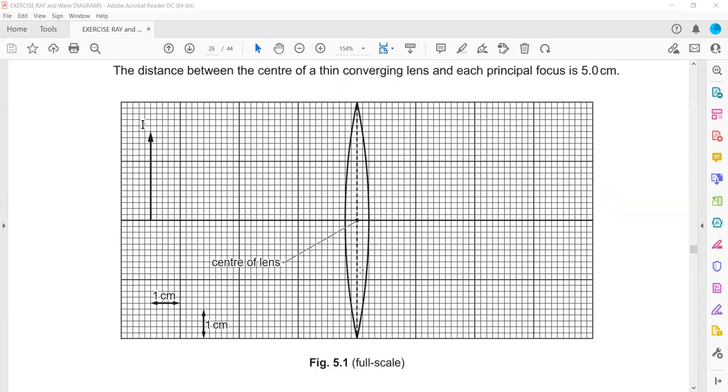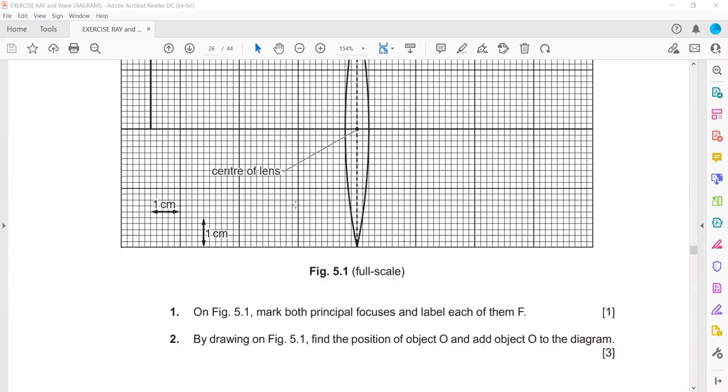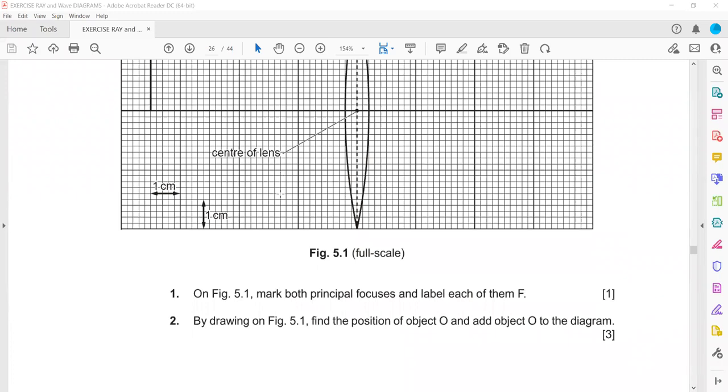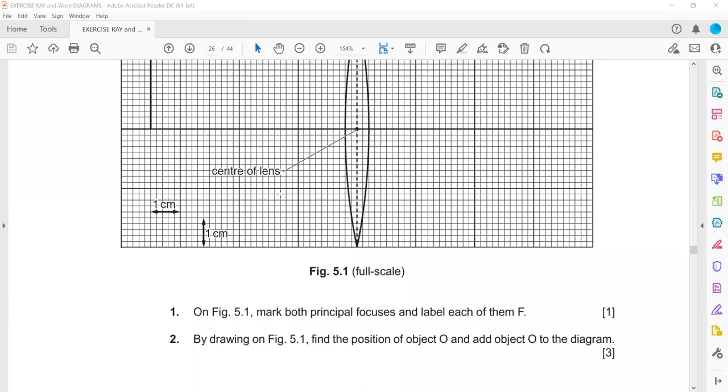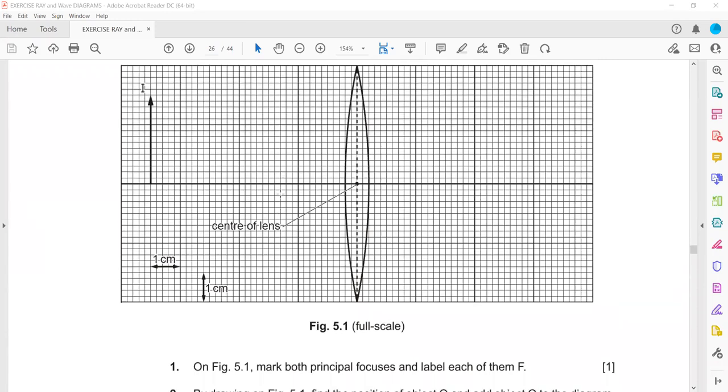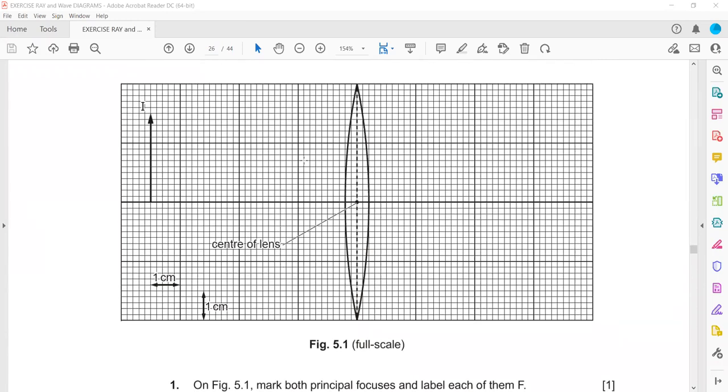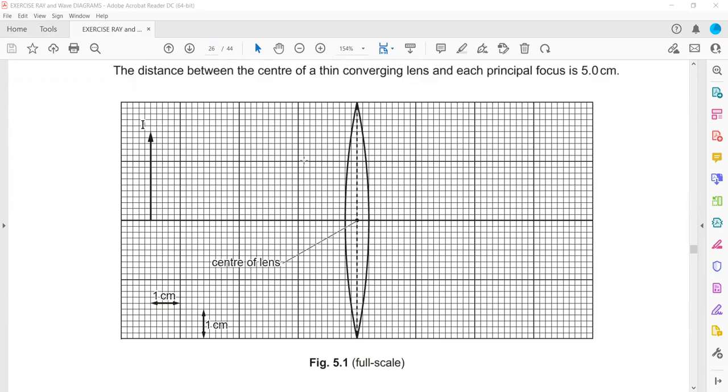The distance between the thin converging lens and the focus is 5 centimeters. We have to label each focus, and then on the figure find the position of the object and add the object to the diagram. So the image is shown, and we have to locate the object. In the same way we can locate from object to image, or image to object.